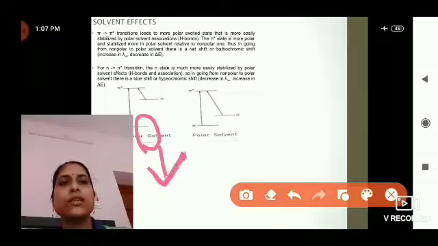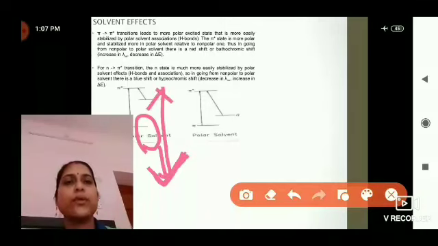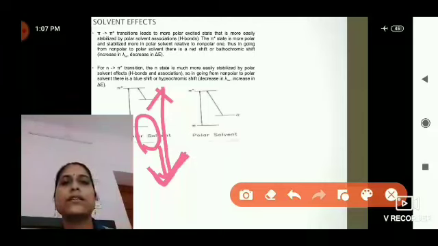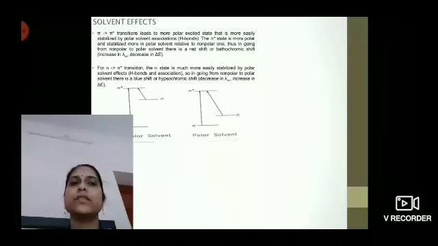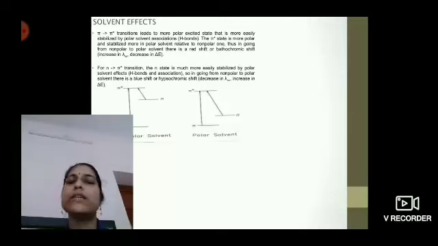The separation of the n to pi star transition will be increased, and so this causes a reduction in wavelength. So what we have seen is that the protic solvent causes an increment in wavelength in pi to pi star transition, while a decrement in wavelength in n to pi star transition.